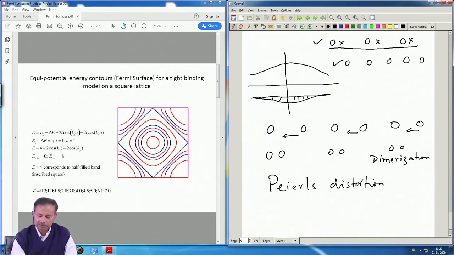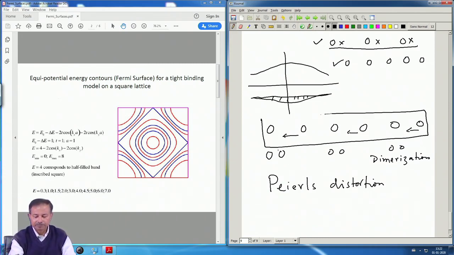And this is one instability that you can see: now the Fermi surface is gone. There is no state at 0 energy. There is a gap at the Fermi level, which was originally the Fermi level for this lattice. There is now a gap that has opened.